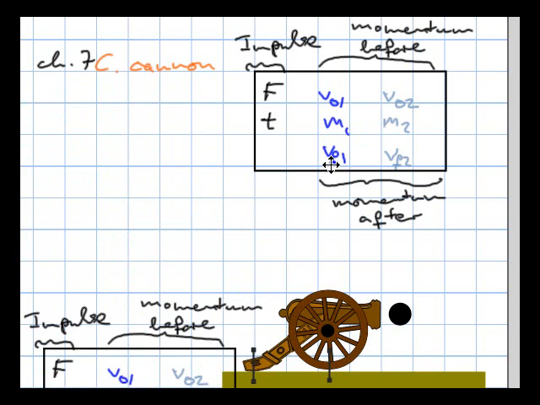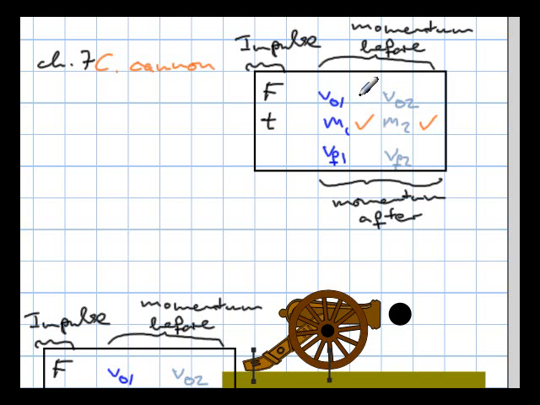Okay, so let's see what we have given. We have given the mass of the cannonball. We have given the mass of the cannon. And we have given the initial velocities of both, and this is for the bolted cannon.